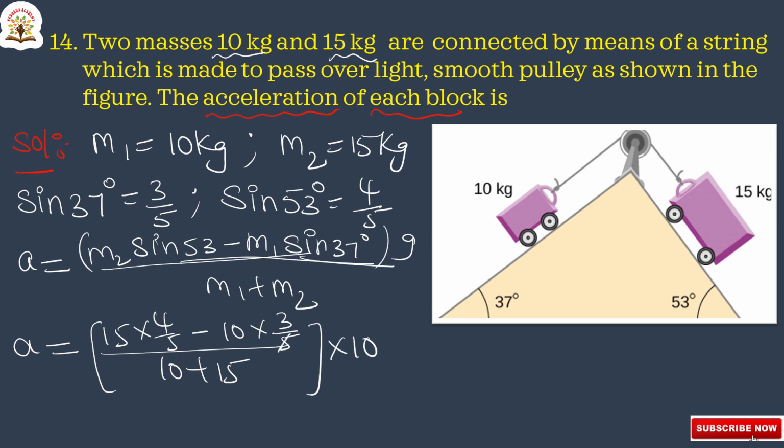So A is equals to, we are getting, 4 3s are 12, 3 2s are 6, by 10 plus 15, 25, into 10. Here 5 5s are 25, 5 2s are 10.